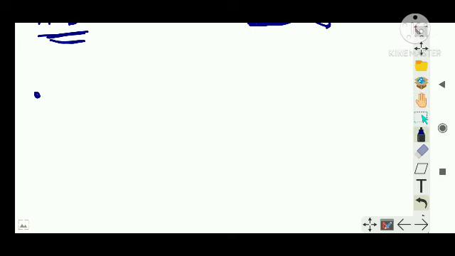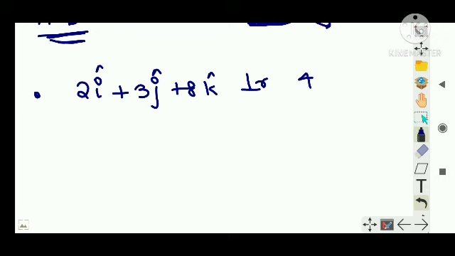Now we'll ask a different type of question. Suppose there is a vector 2i plus 3j plus 8k, and it is perpendicular to another vector 4i minus 4j plus alpha k. Then you are asked what is the value of alpha.